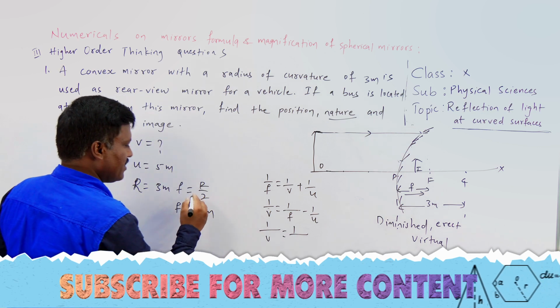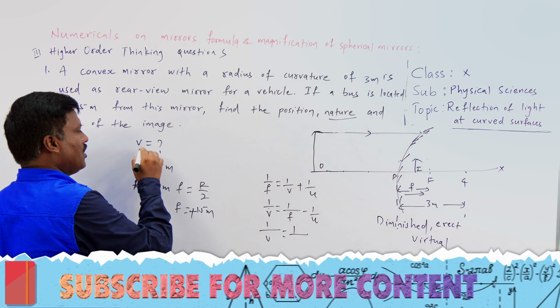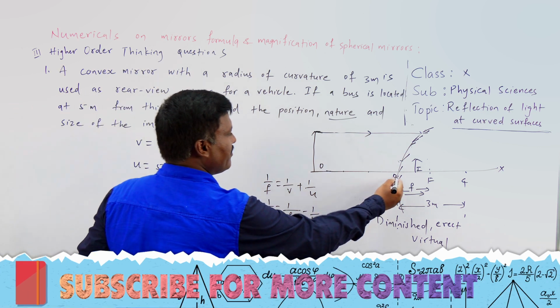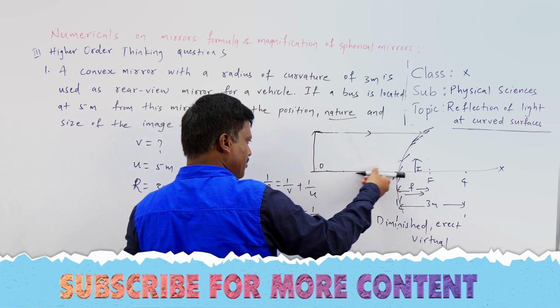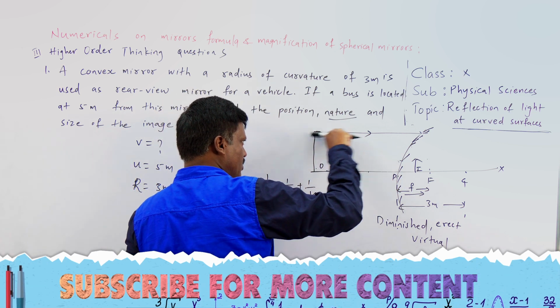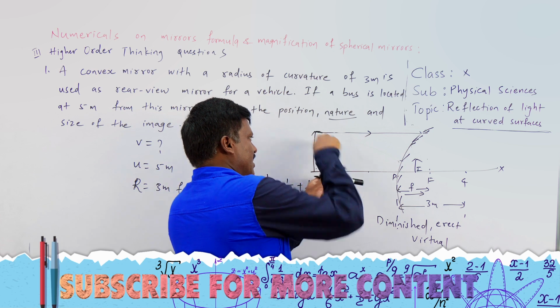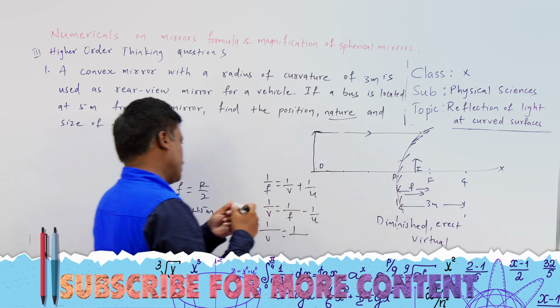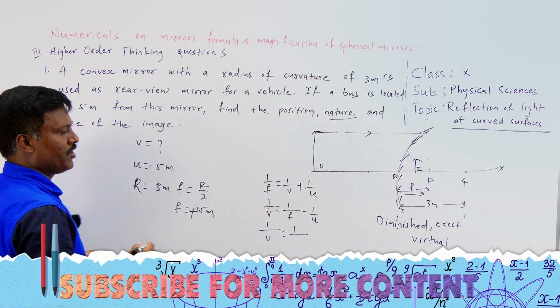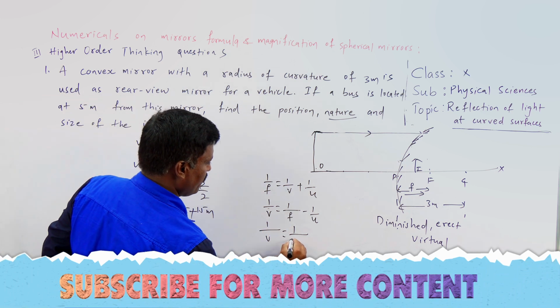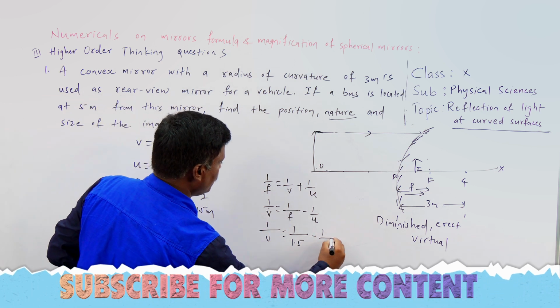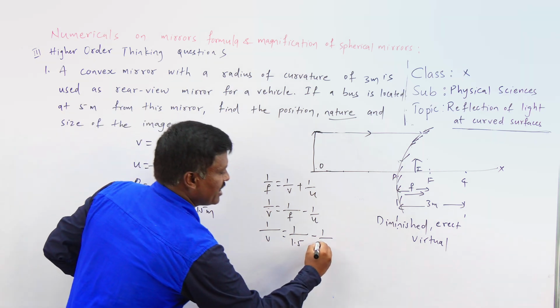That is why the sign is taken positive. Object distance is the distance between the pole and the object. We are measuring this way, so our direction is opposite to the incident ray. The incident ray goes this way, so the sign is taken negative. So the f value is positive 1.5, minus the u value, which is negative 5.